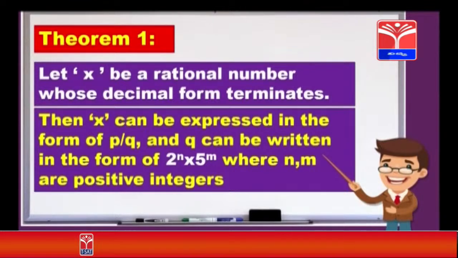Then x can be expressed in the form p by q, and q can be written in the form 2 power n into 5 power m, where n, m are positive integers. So this is the important theorem, telling us that the denominator q can be written in the form of 2 power n into 5 power m.